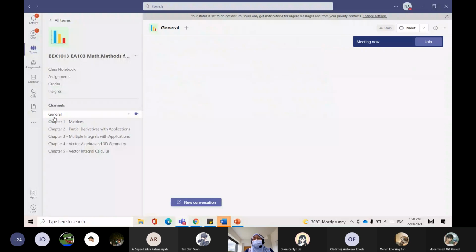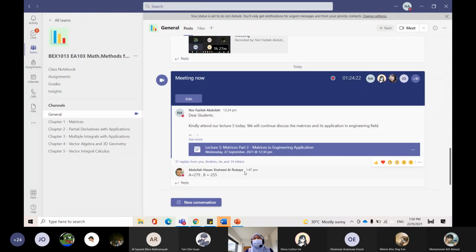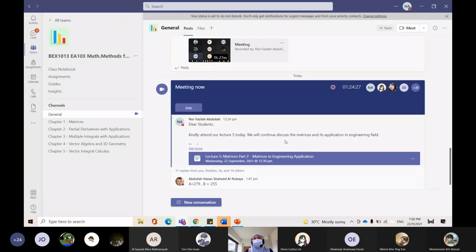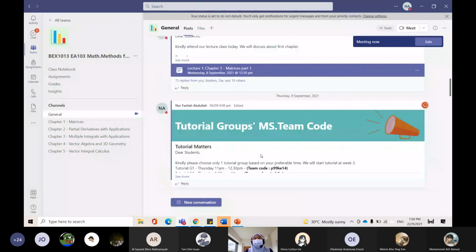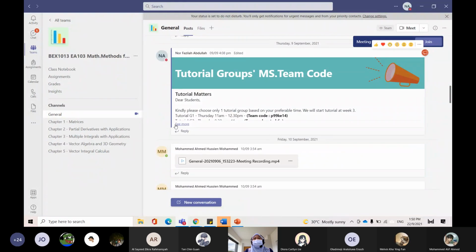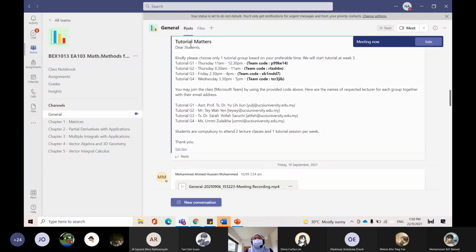Another thing, as I mentioned previously, our tutorial session will start this week. Today we have a tutorial session. You may check here: tutorial group 1 will start tomorrow, group 2 and group 3 on Friday, and group 4 today at 3:30.